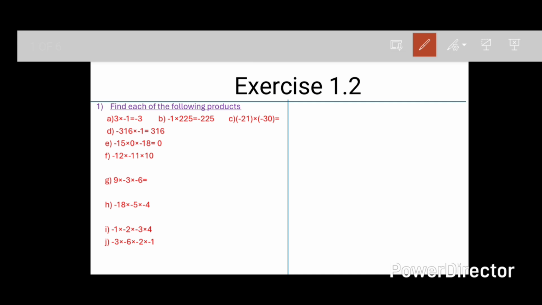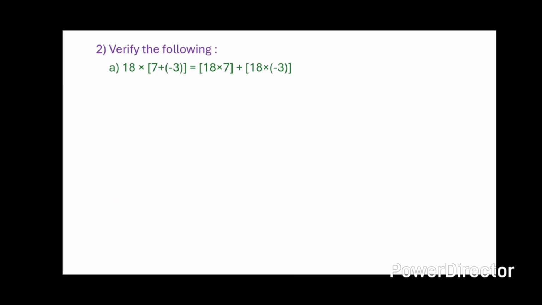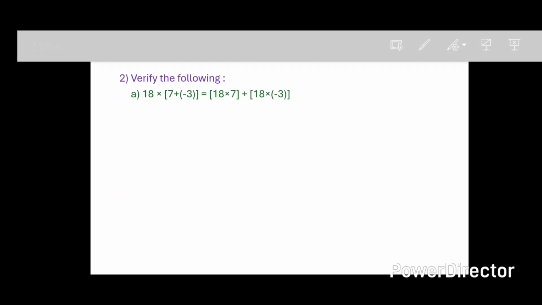Okay, now we should see the next concept. Second main means verify the following. So here verify means we should check these two parts are equal or not. In previous video I told this property.